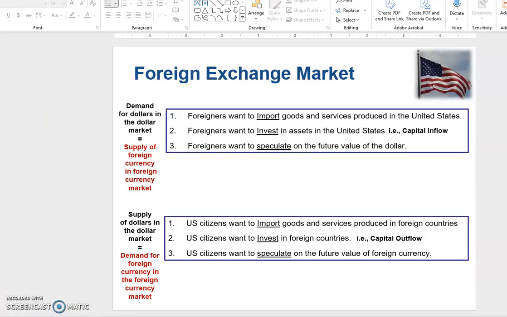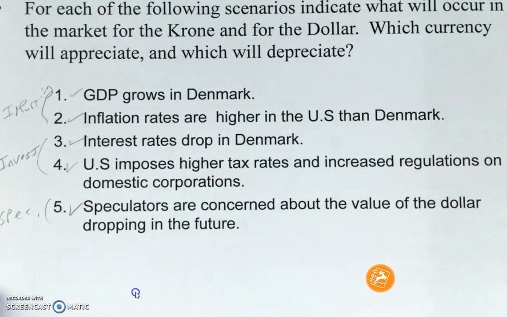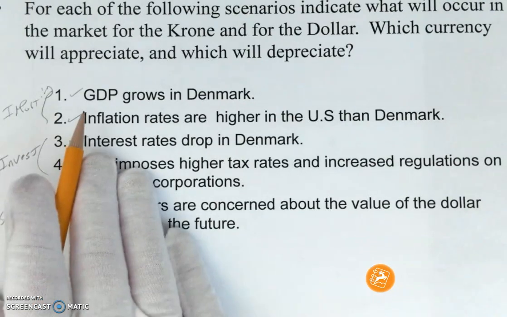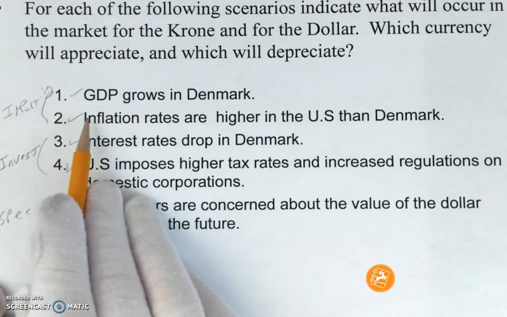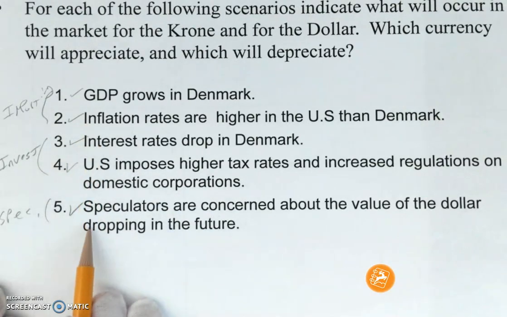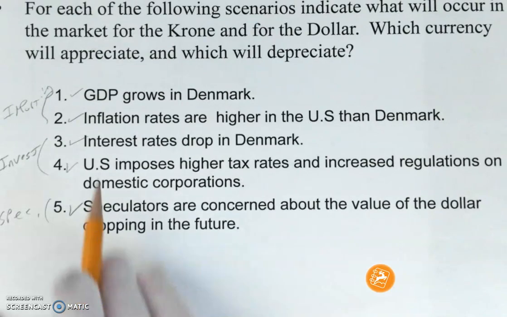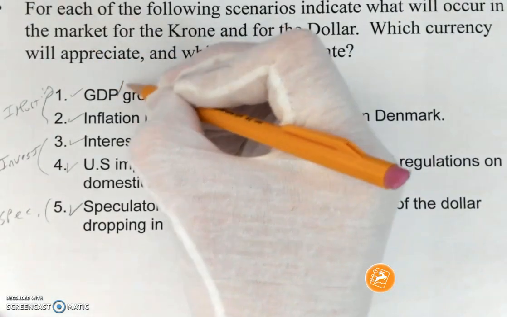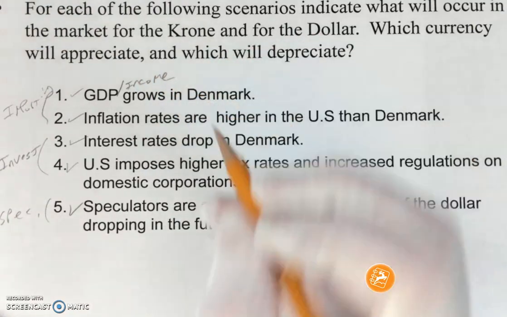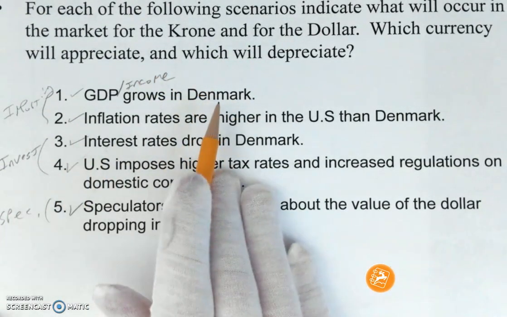It's also important to keep in mind that there were 2 markets involved in all of these. When both citizens of the United States and citizens of Denmark responded to the change, which was true of number 2, 3, 4, and 5, all the curves shifted. However, in this first instance, when we looked at GDP changing, GDP/income, only the people in Denmark responded.